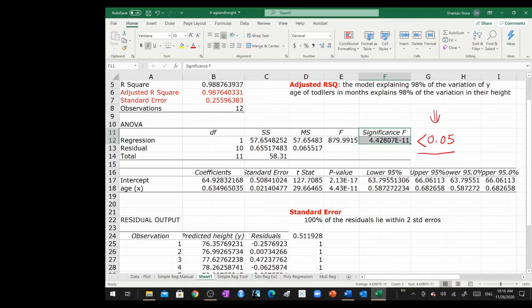It should be less than this threshold, so less than 0.05, and I will show you in this Excel sheet why. So if this measure is less than 0.05, and over here, please do not miss the E negative 11. E negative 11 means, for example, if this is 4.4 and it is E negative 2, this means we have to move to the left 2 digits.